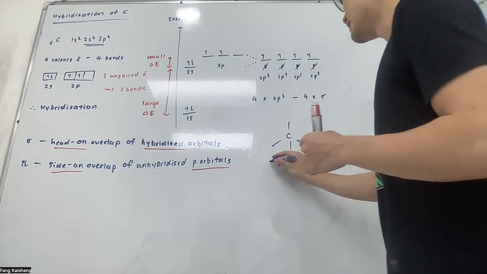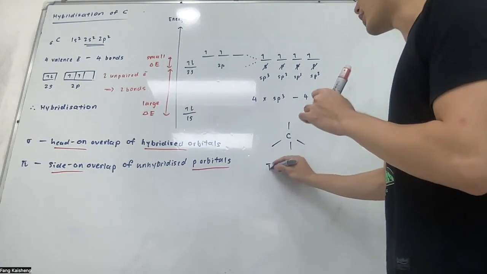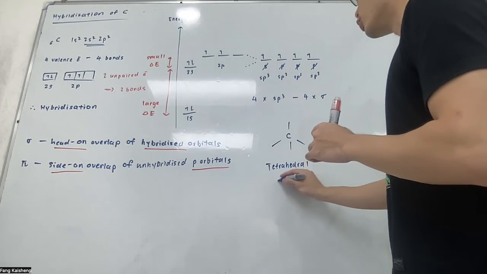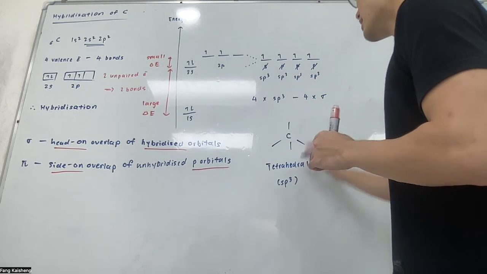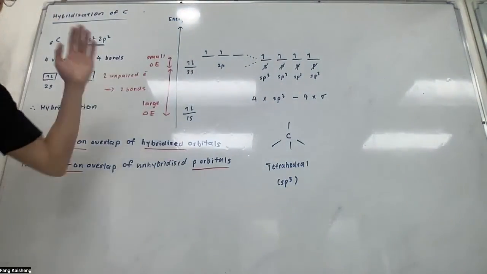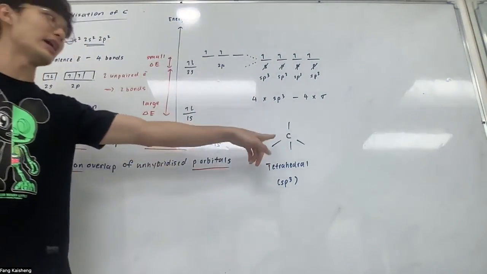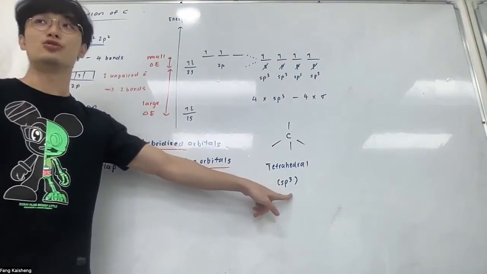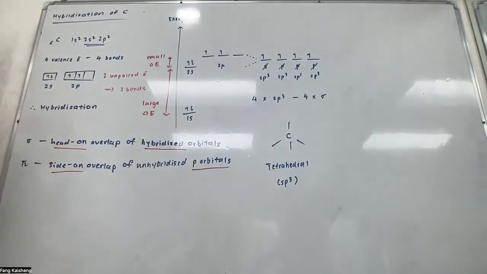In other words, this is what shape? Tetrahedral, good. And tetrahedral carbons from now on, you should recognize as sp3 hybridized carbons. So that's what they can ask in the exam. They give you a carbon, and if you recognize that it's tetrahedral in shape, then you must tell me that it is sp3 hybridized. Does that make sense?